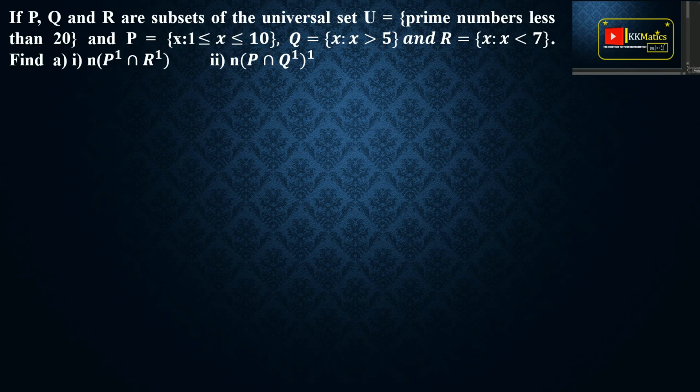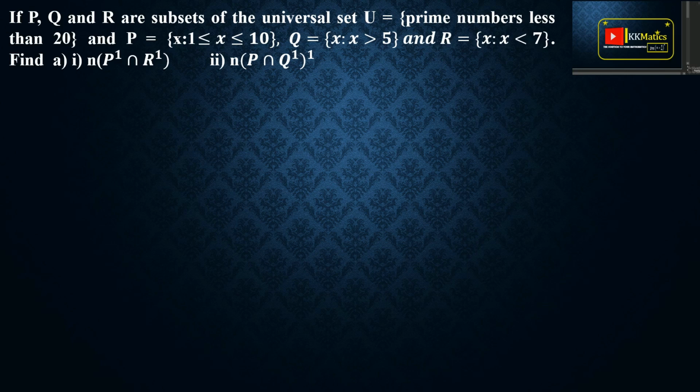The question is telling us that P, Q, and R are small sets of the universal set. That means that the universal set is the mother, and P, Q, and R are the children of the universal set. It also means that the elements of P, Q, and R are all found in the universal set. I hope you understand that.